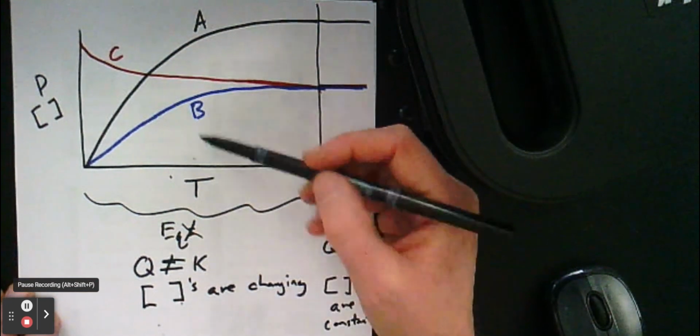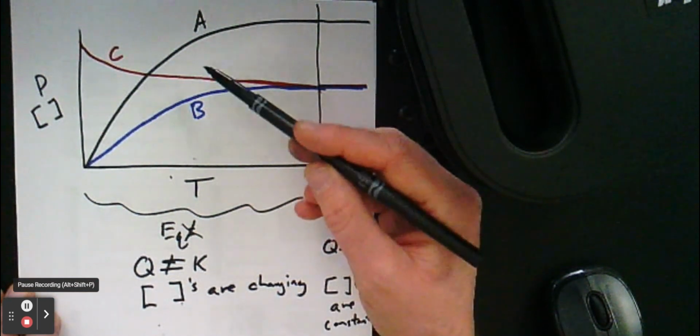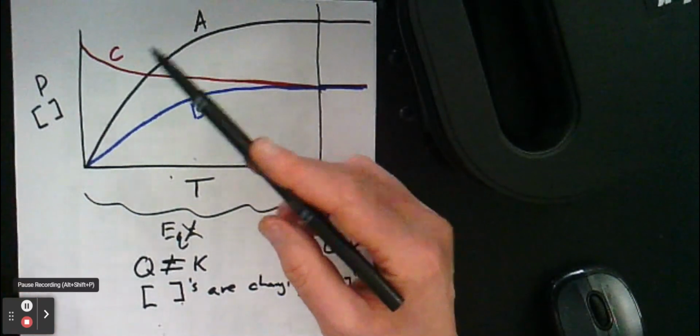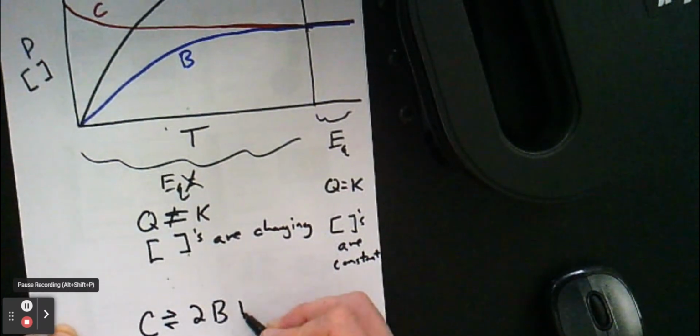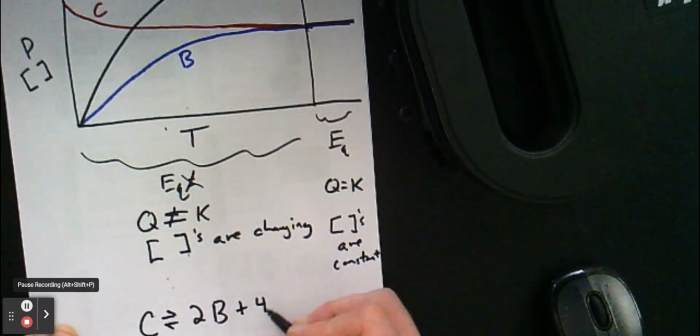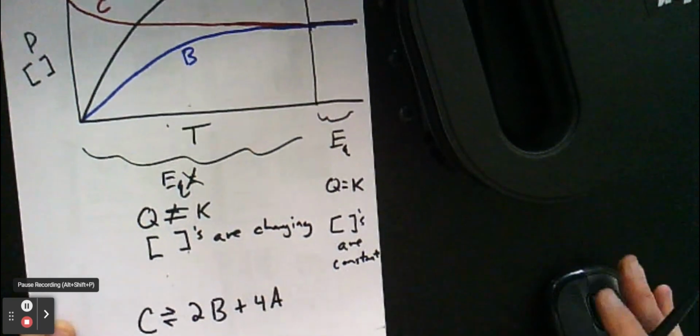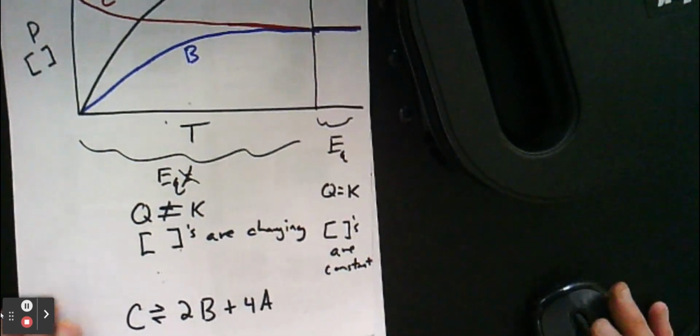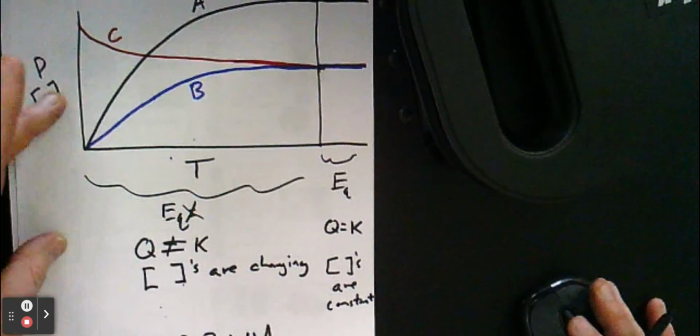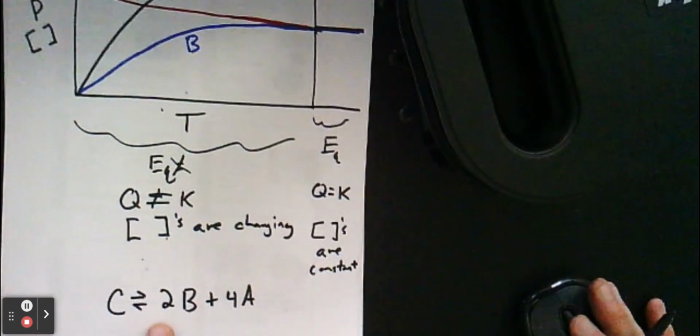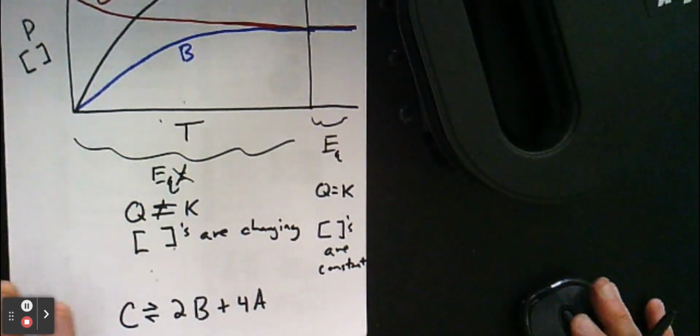You know that A and B are on the same side of the equation, and C is on the other side. So typically we start out with reactants. So we're going to say C equals 2B plus 4A, right? I would need to know these values to actually figure out what these coefficients are. I'm just using it to make a point, all right?